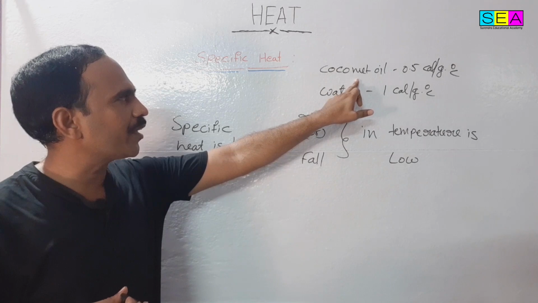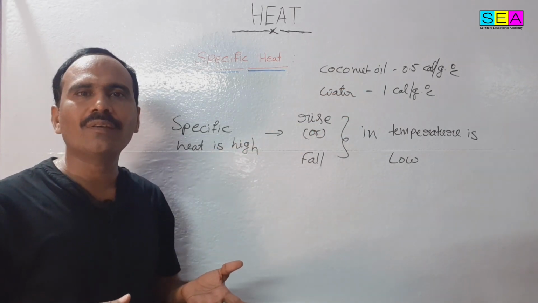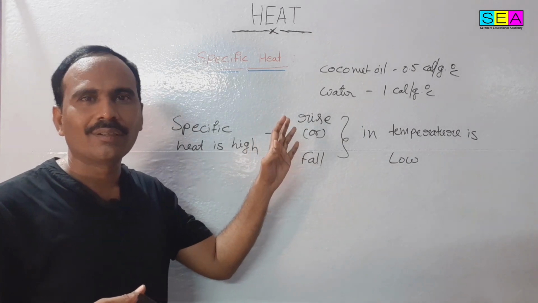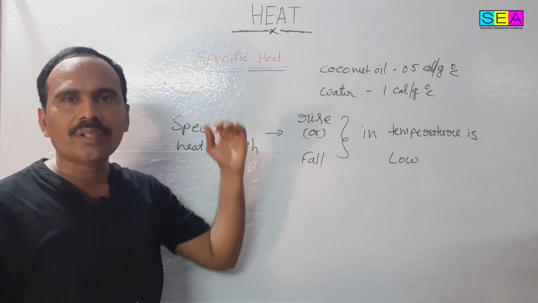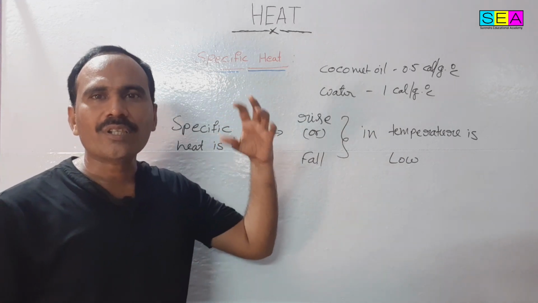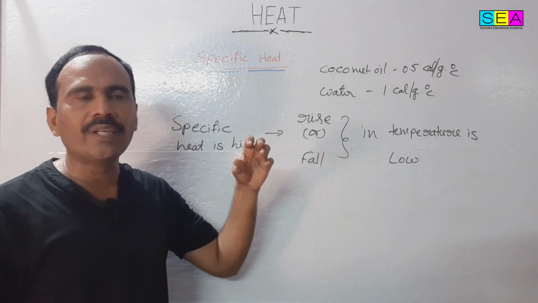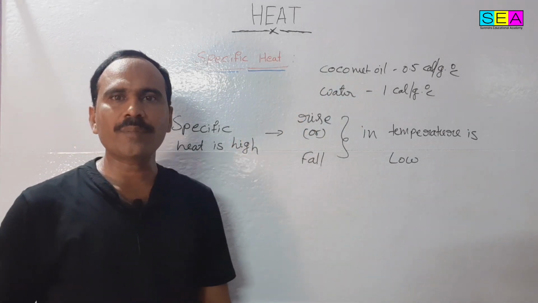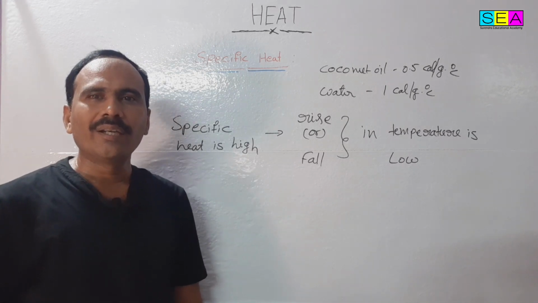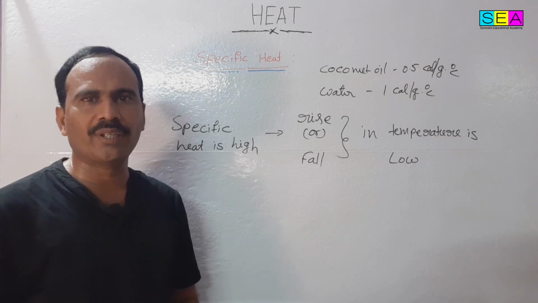Coconut oil specific heat is low, so it is absorbing heat energy faster than the water. That's why in the previous activity, coconut oil temperature rose faster than the water, because of low specific heat of the oil.